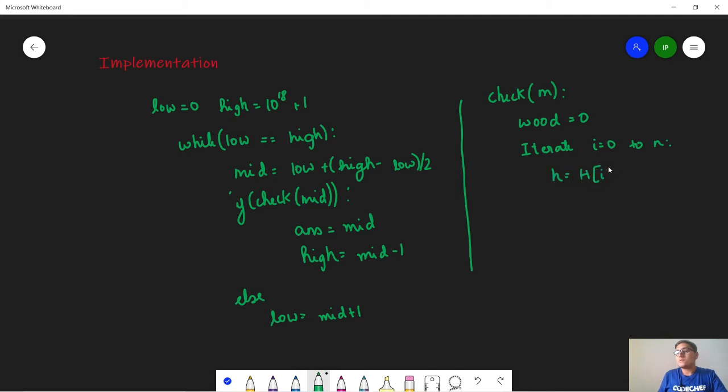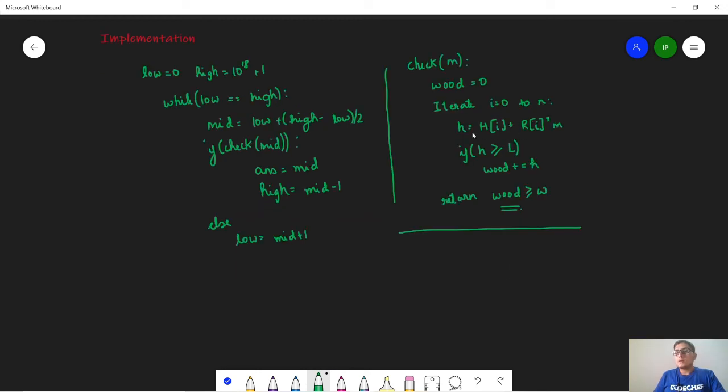This is equal to h[i] plus r[i] star m. And if this is a tree that we can cut, given by if h is greater than or equal to L, then in this case we can add the height to the total wood. Finally, we will return whether wood is greater than or equal to W or not.